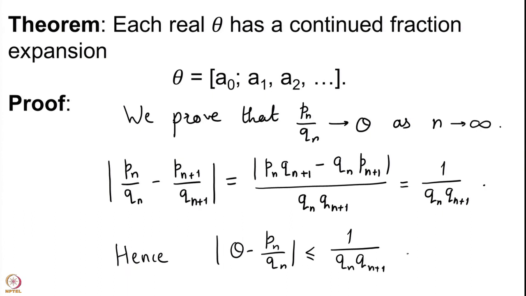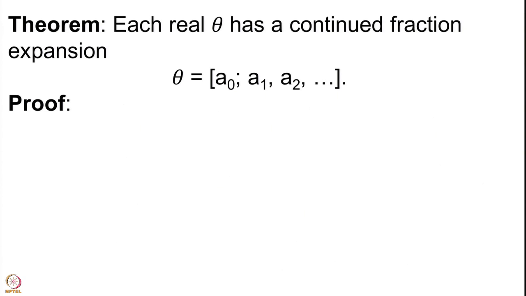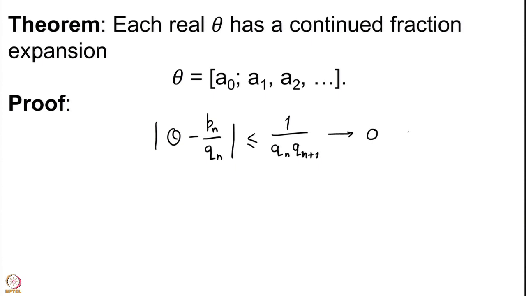But then we have lemma 4, which tells us that the sequence Qn goes to infinity. Mod theta minus Pn upon Qn is less than or equal to 1 upon Qn Qn plus 1. This right hand side goes to 0 as n goes to infinity, because Qn go to infinity.